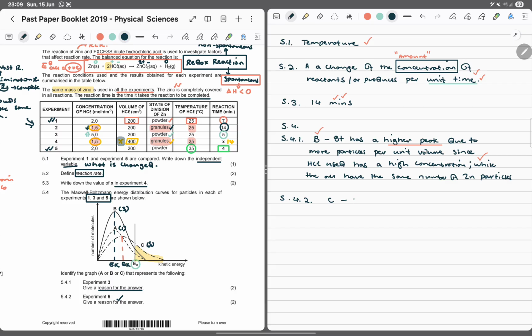So we can say since the average kinetic energy of the particles has shifted to the right.